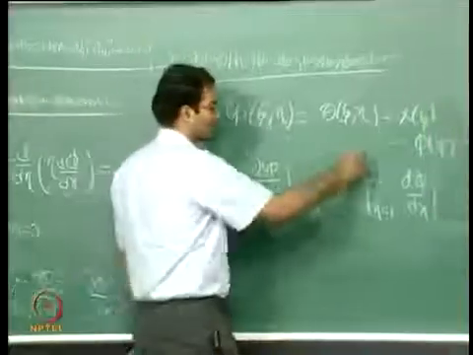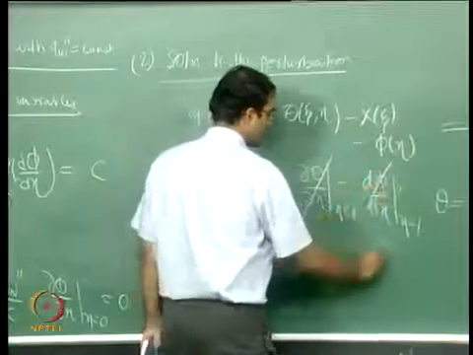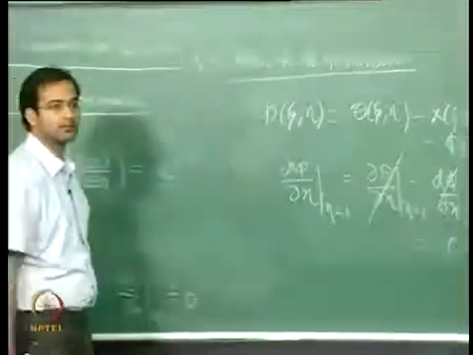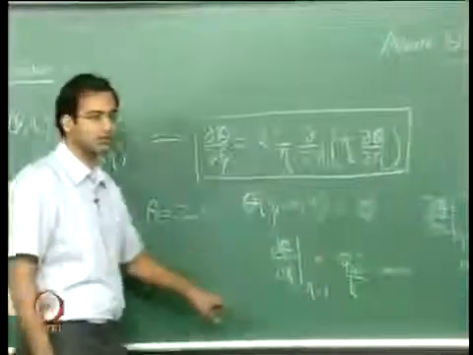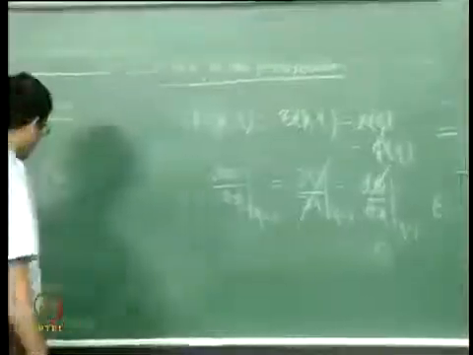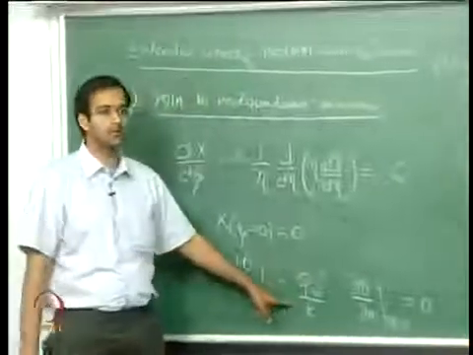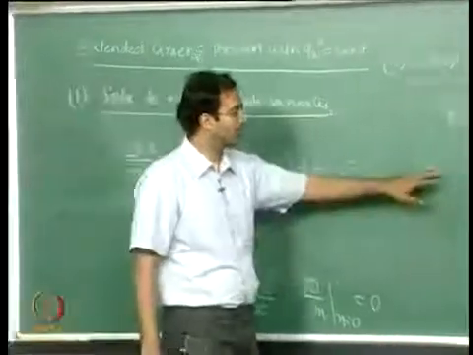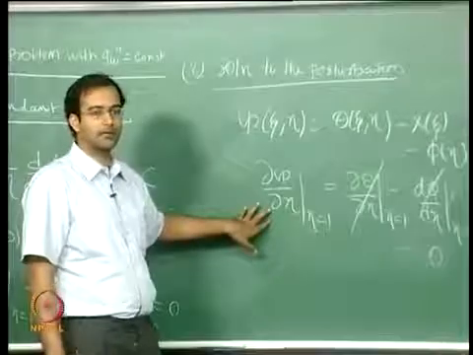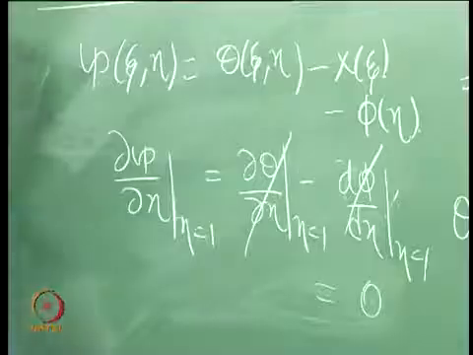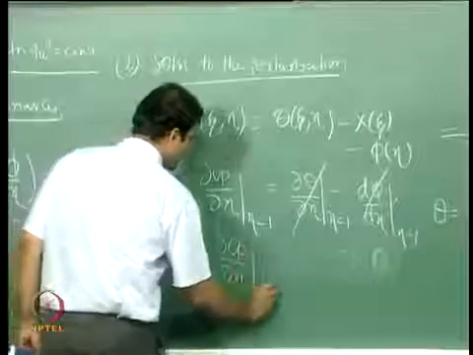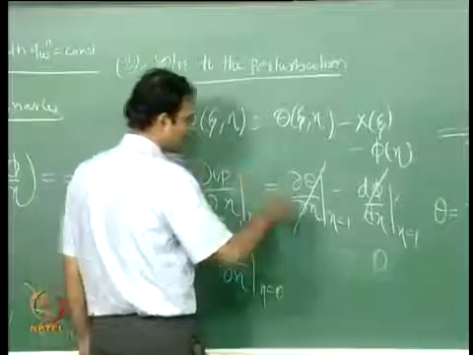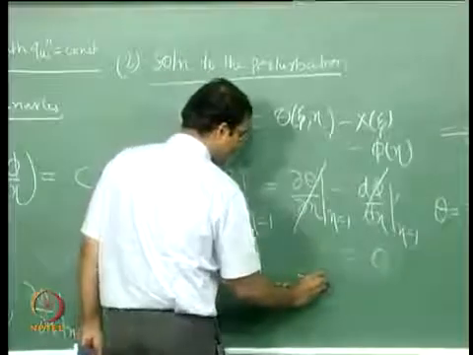So both will cancel off. So therefore this will be 0, because your d theta by d eta is what? q naught by k, and also d phi by d eta at eta equal to 1, you have forced it to be q naught by k. So therefore one of the boundary conditions becomes 0 directly, and the other boundary condition, d psi by d eta at eta equal to 0, anyway both are 0, so that will also be 0.